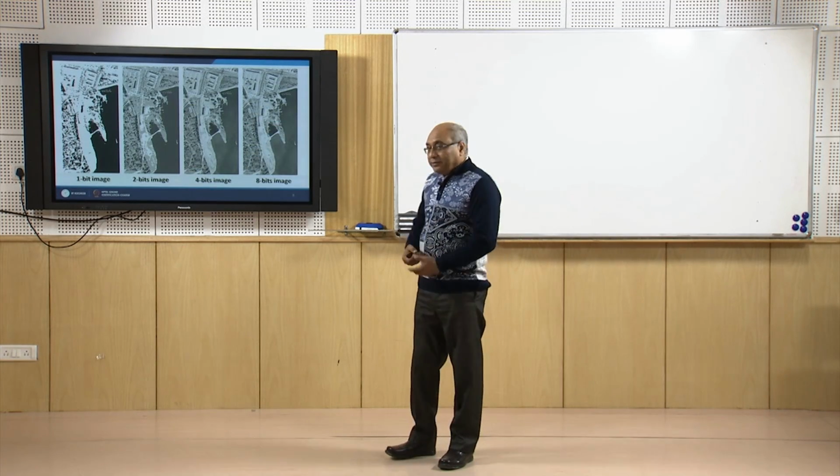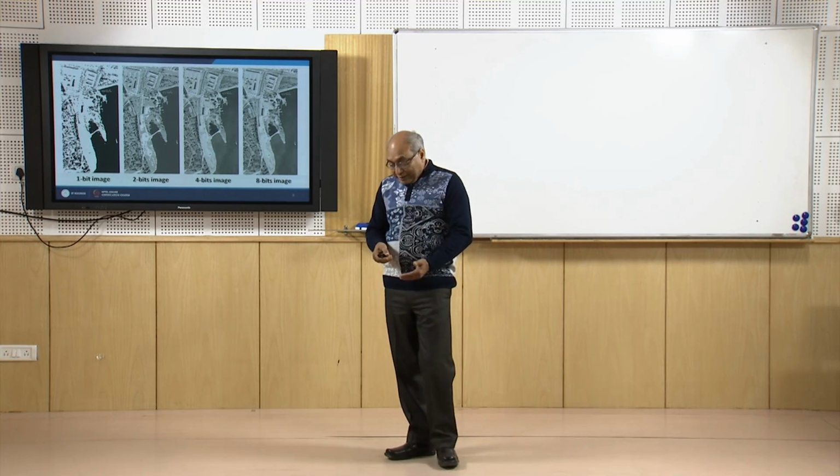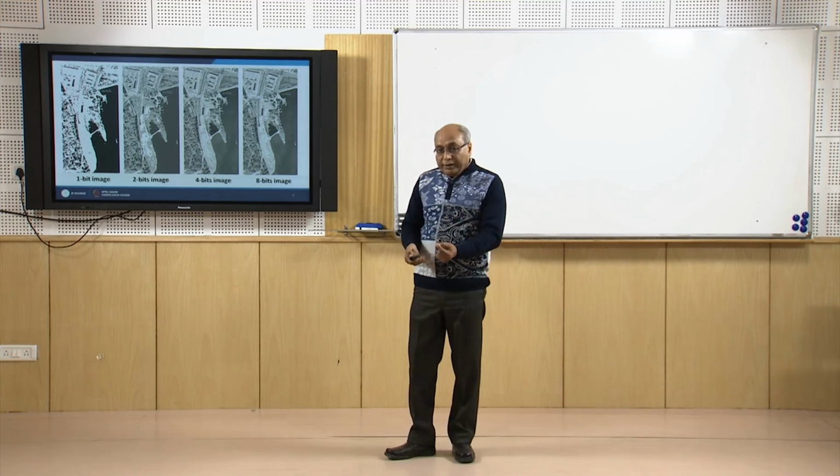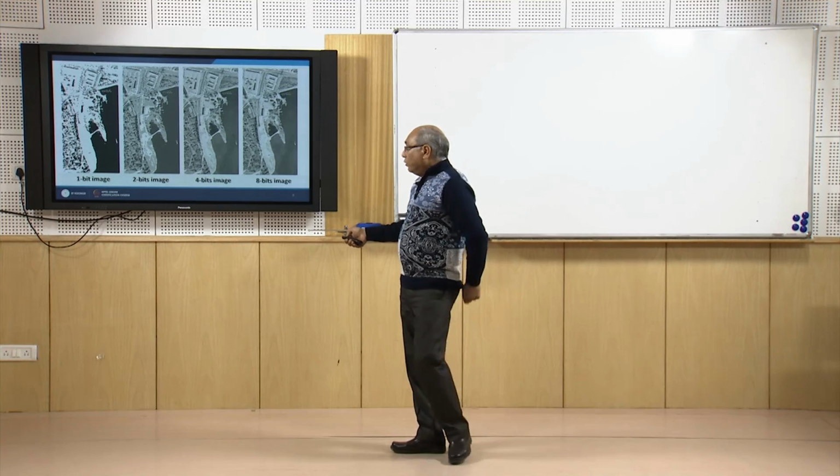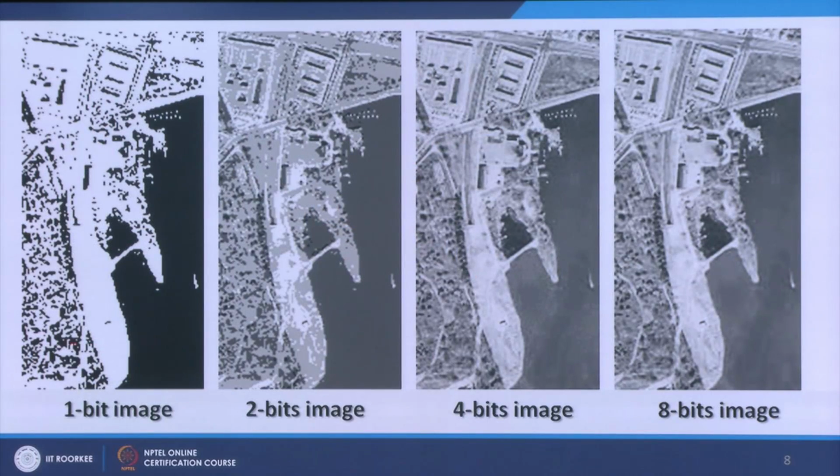And see the difference it creates if we increase the bits. If we go for 1 bit, this is just a binary image, black and white. So pixel values are either white or black, just for representation, 1 has been assigned white, and 0 has been assigned black. So you are seeing either white or black pixels, no other in between.